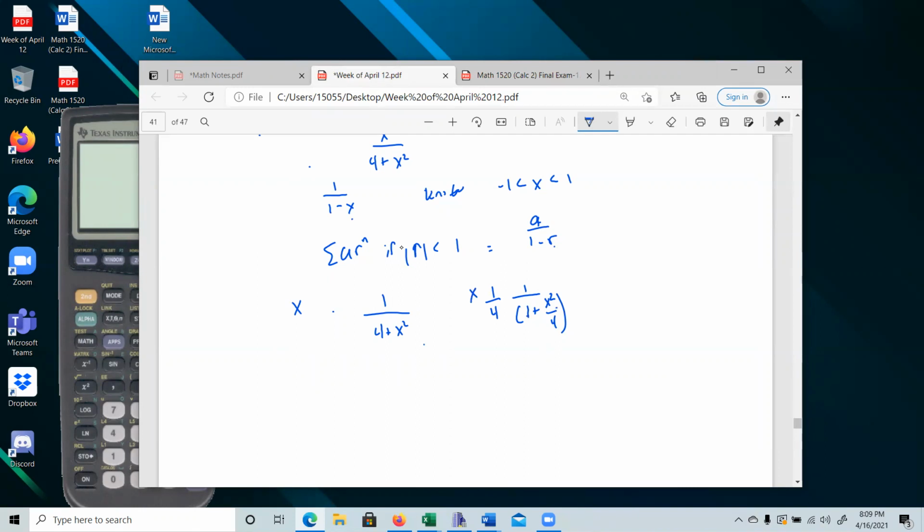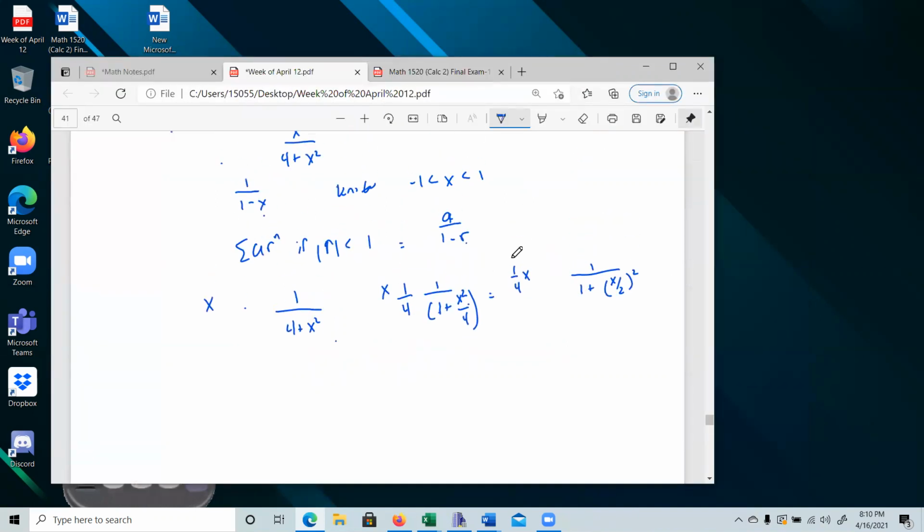Okay, so there's an x here. So what I'm going to say is, this is 1/4. That's my a, by the way. And then we have 1 over 1 plus, can I say x over 2 squared? So there we go with that. All right.